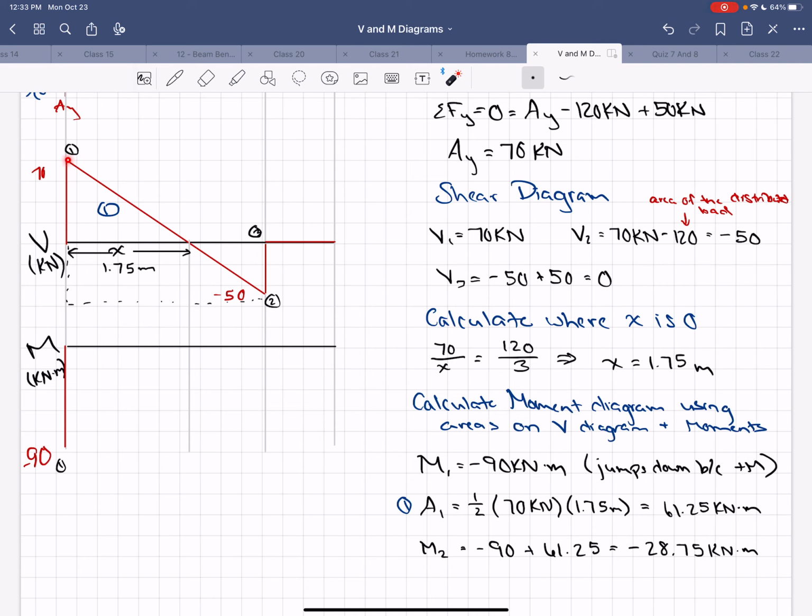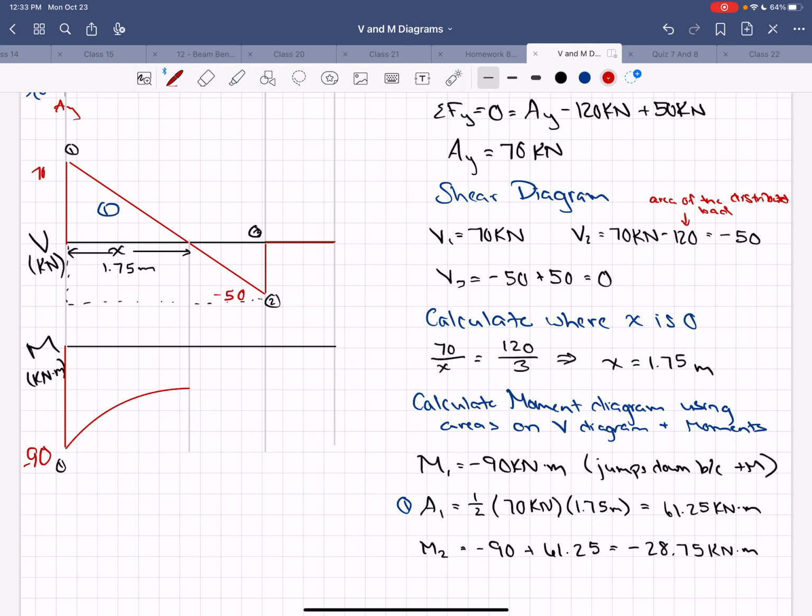So remember, the slope of the moment diagram equals the value of the shear. And the value of the shear is 70 here and 0 here. So the slope is going to be highest at the beginning, and it will be 0 at the end. So it will look something like this.